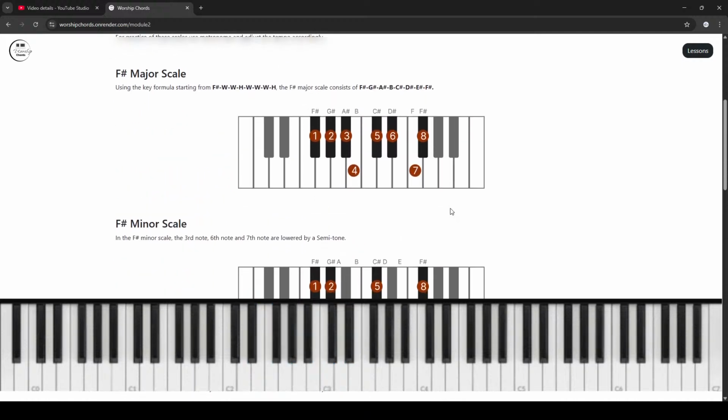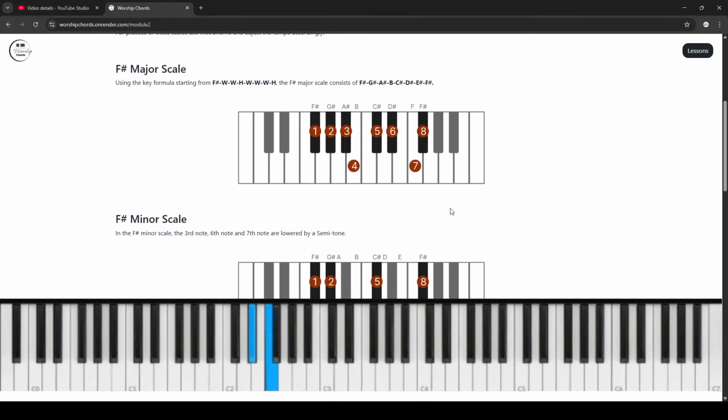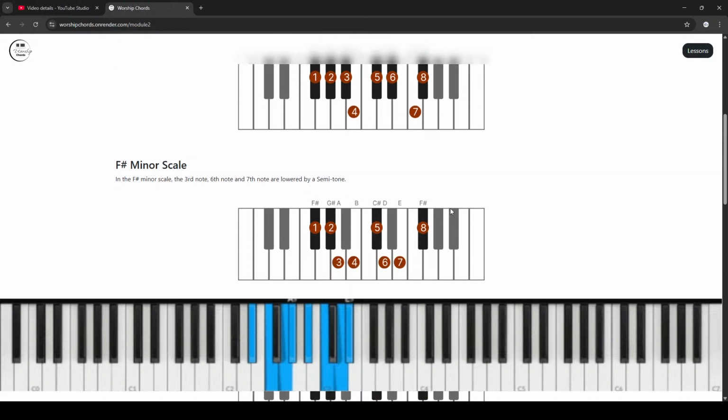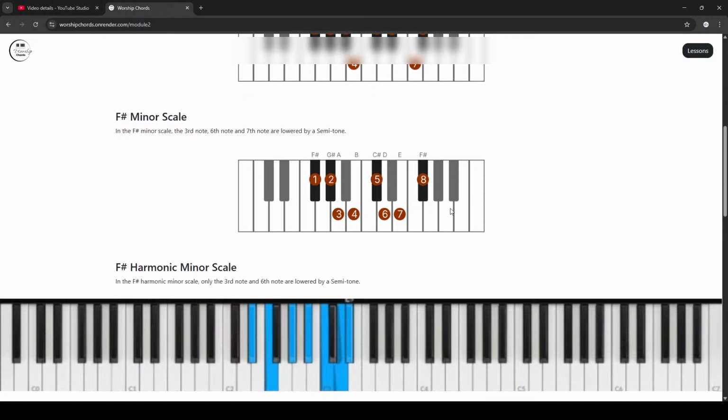Now on the minor scale, remember we say that the third note you lower it by a semitone, and then the sixth and the seventh you lower it by a semitone.